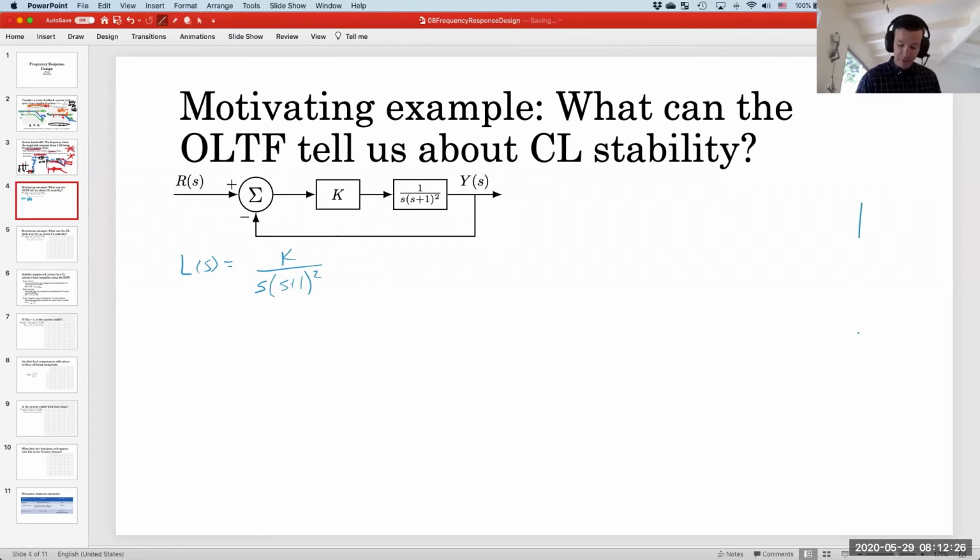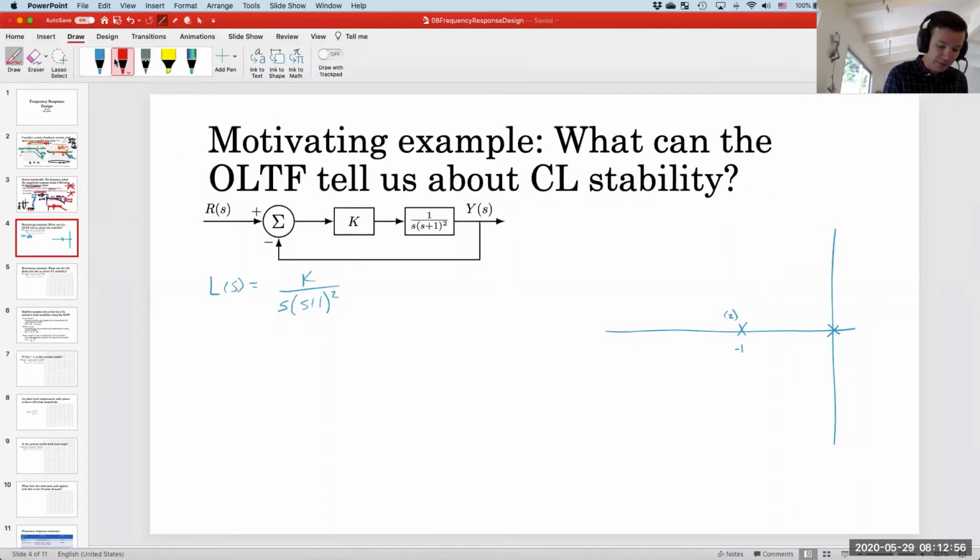If we were to do this problem a couple weeks ago, we would say there is an open loop pole at the origin, and there are 2 open loop poles at -1. And then we might ask ourselves, for various k's, where are the closed loop poles, and are they in the left half plane or the right half plane? That is the crux of it when it comes to stability questions.